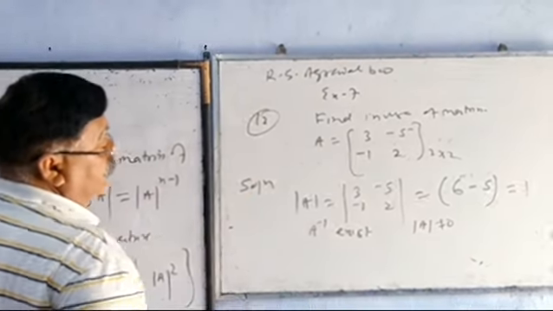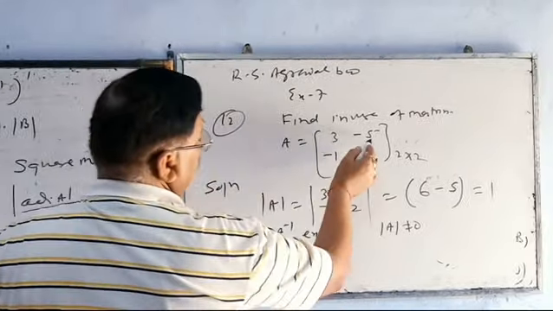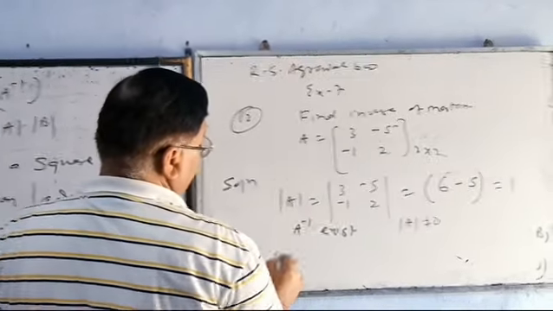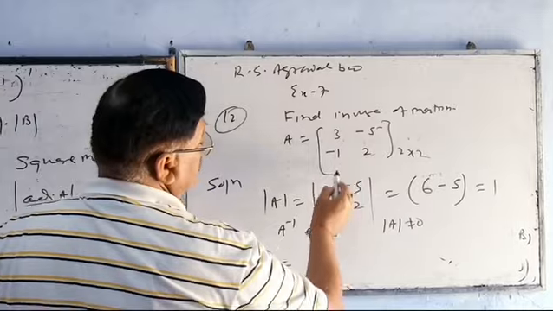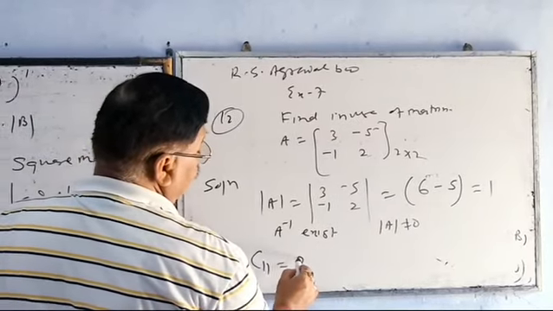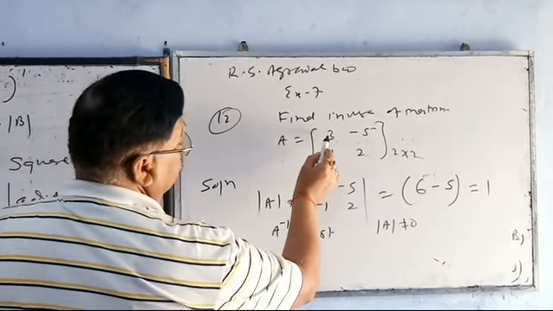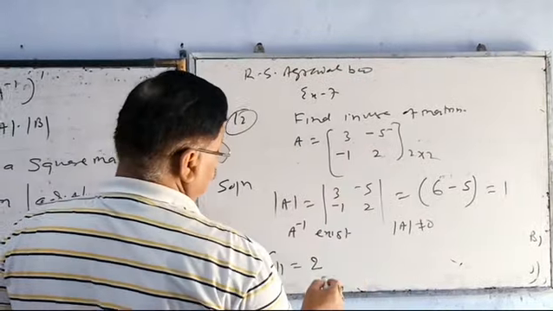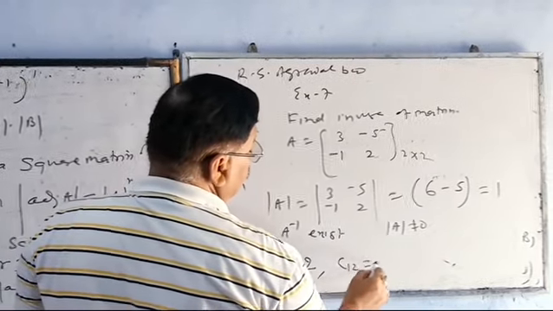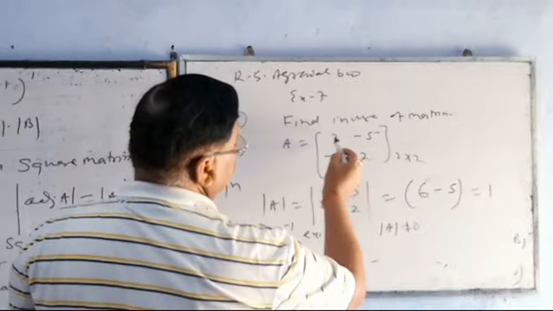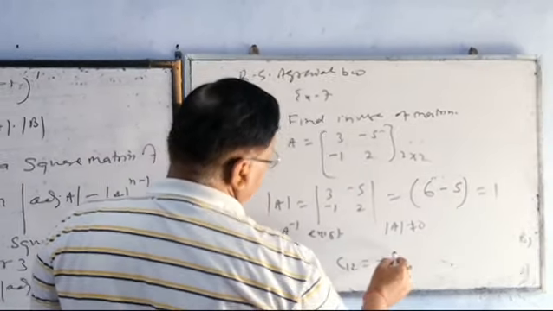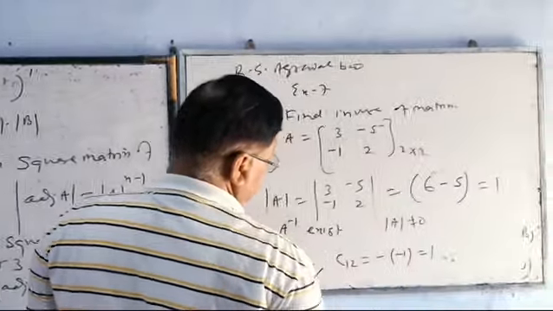So for A inverse, we find the cofactors. Cofactor C1 1: this row cancel, this column cancel, only 2. C1 2: here 1 plus 2 is 3, odd, so minus. Cofactor of this is minus 1, so 1.